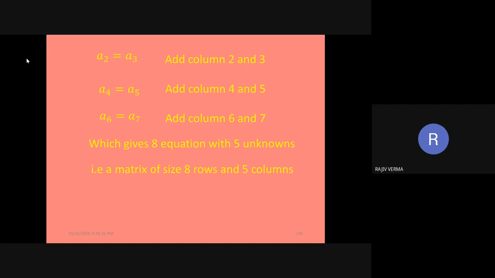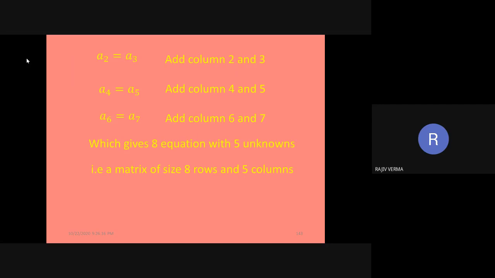Now, to make this particular rectangular matrix a square matrix and to gain the advantages of symmetry, we are going to add up corresponding rows also, which means that since we are adding column number 2 and 3, we are going to add row number 2 and 3 also.